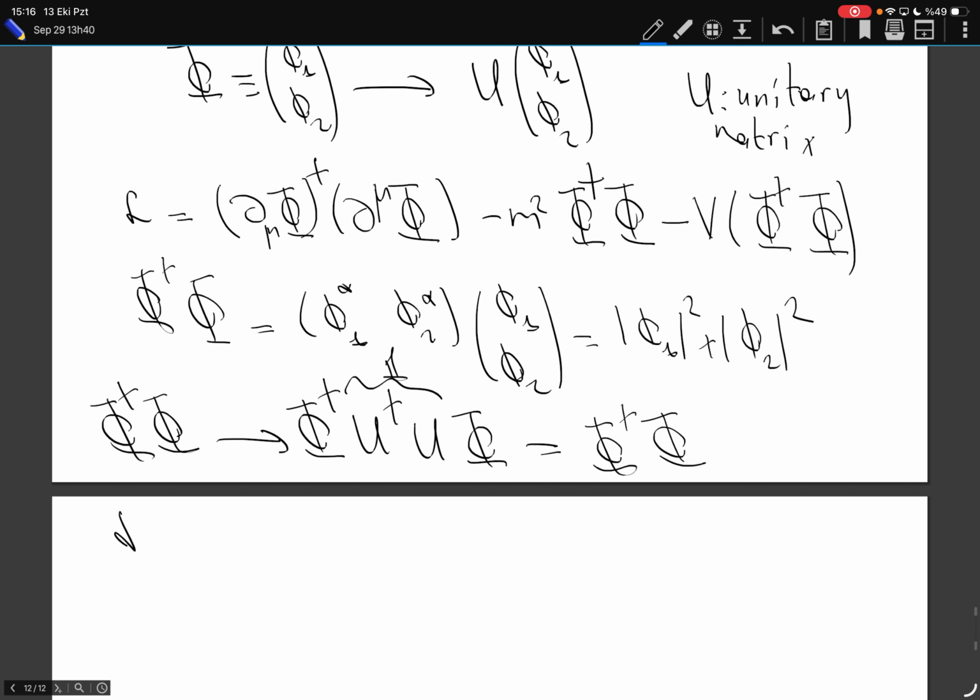I will also assume that the determinant of u is equal to 1. So 2 by 2 unitary matrices with determinant equal to 1. This is actually what we call the SU2.